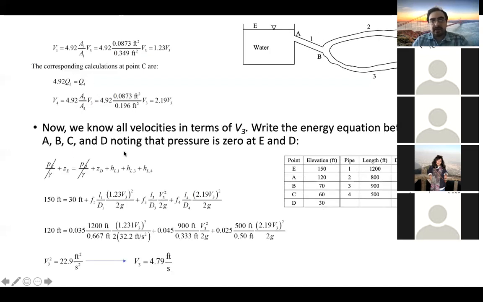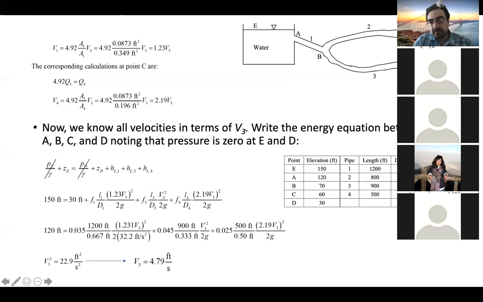So now that I have only one unknown velocity here, I just write the energy equation between points E, B, C, and D. Okay, so I just go from here to here.